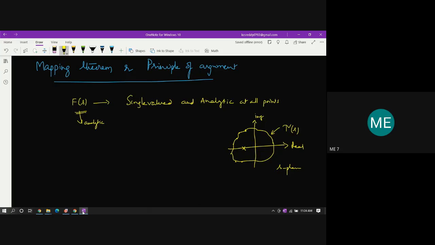But there is a restriction on selecting the path. What is the restriction on choosing the closed path?